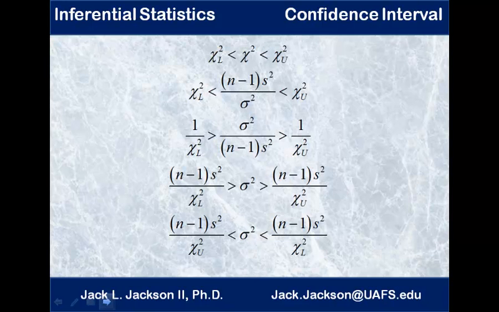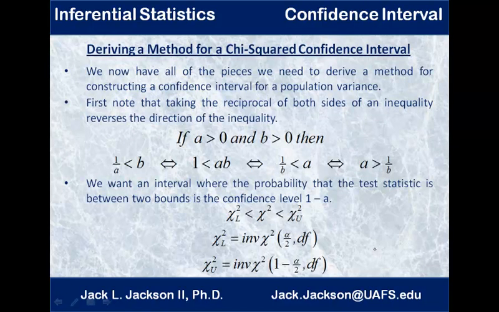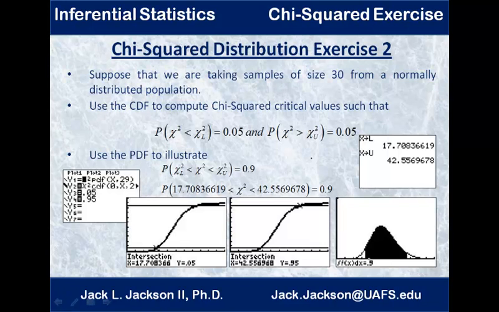So we have the chi-square between chi-square lower and chi-square upper. Those are our boundary points. If you think back to the visual, let's just look back. If you're looking here on the PDF, we're trying to find this critical region, the shaded region. In this case alpha is 10%.